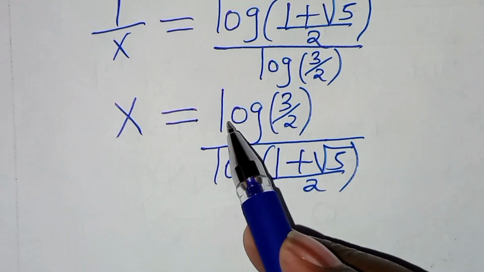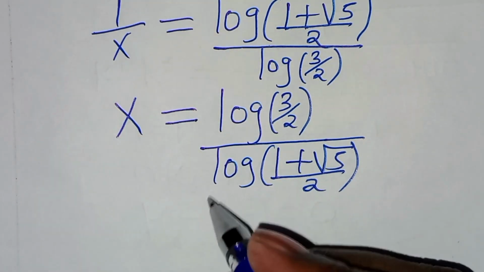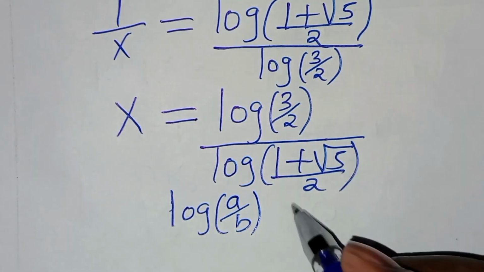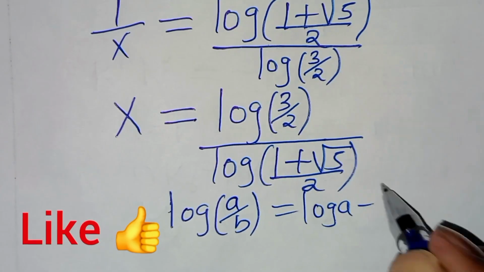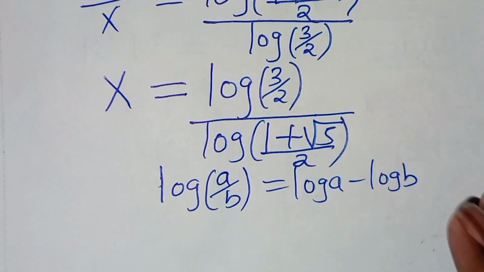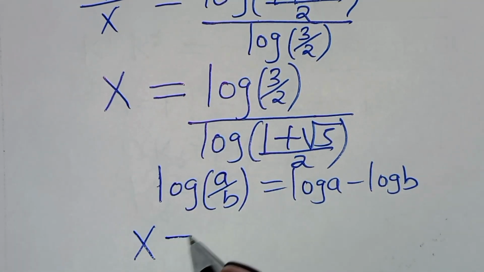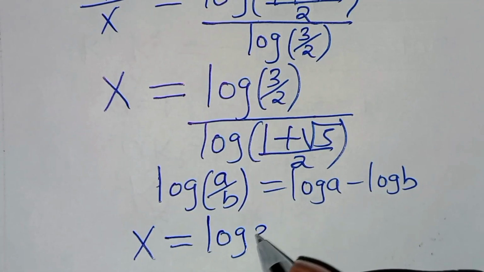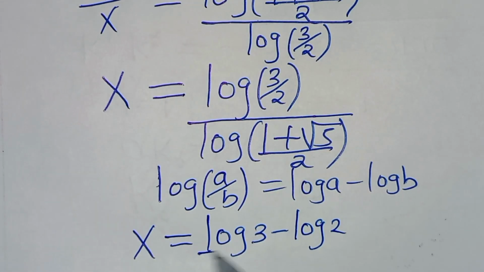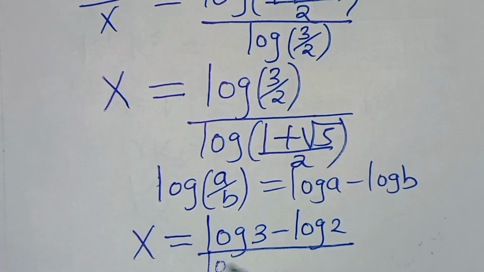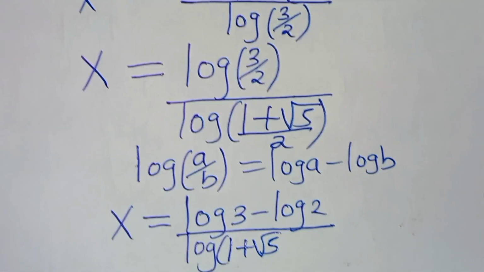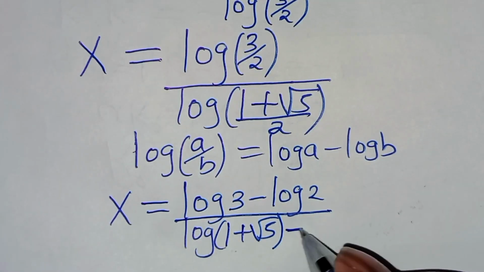The next step is that log (3/2) is in the form log (a/b), which we can express as log a minus log b. Applying this logarithm property, we can express x as log 3 minus log 2, divided by log (1 + √5), close the bracket, minus log 2.